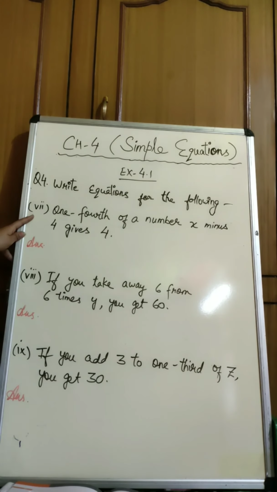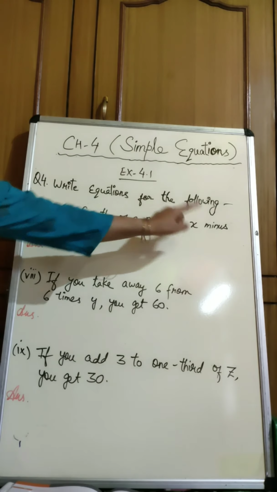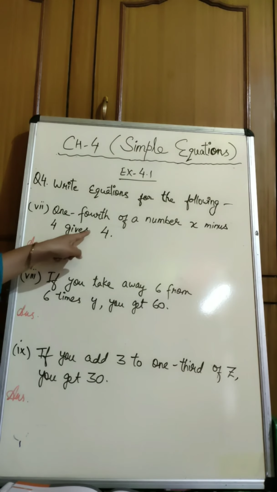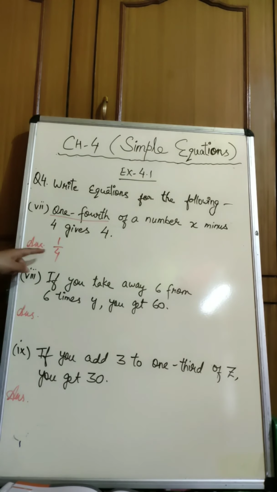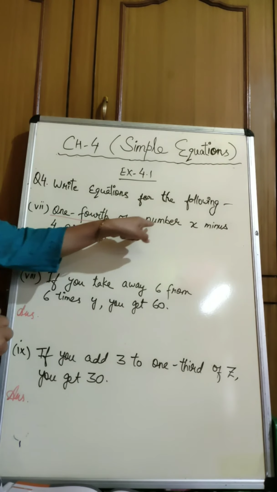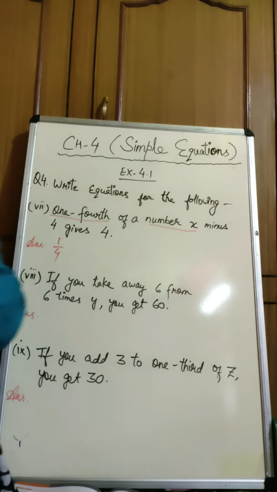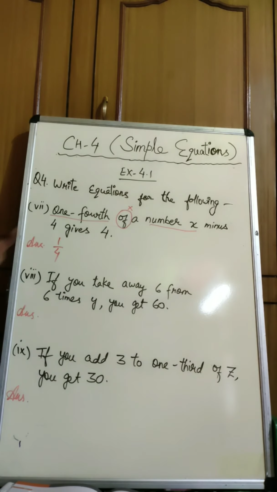Clear? Now students, the question number 4's 7th part: 1/4 of a number x minus 4 gives 4. How do we write 1/4? 1 upon 4. Number is x, and of means into.